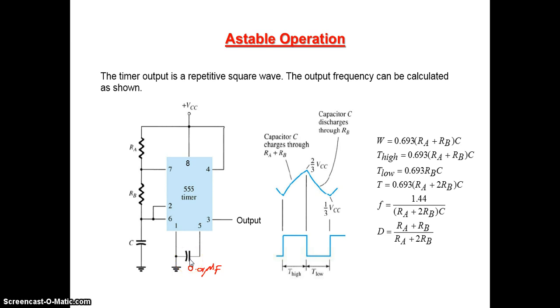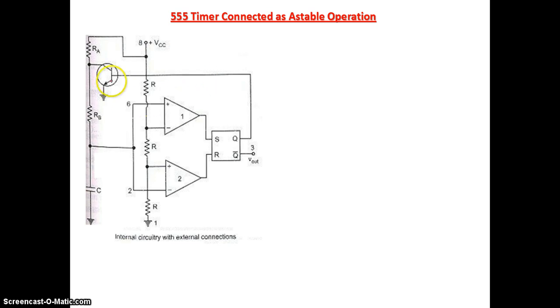Now for explaining the detailed operation, I'll go to the internal block diagram of 555. So this is the internal block diagram. We have the resistive network, two comparators and an SR flip-flop.